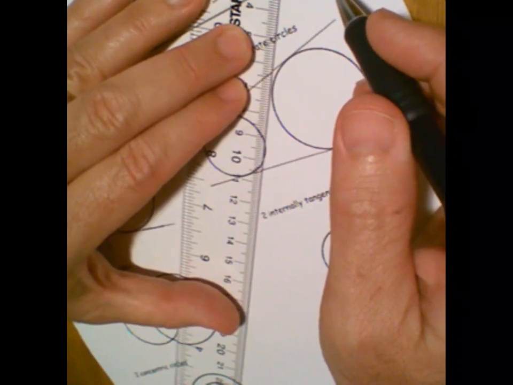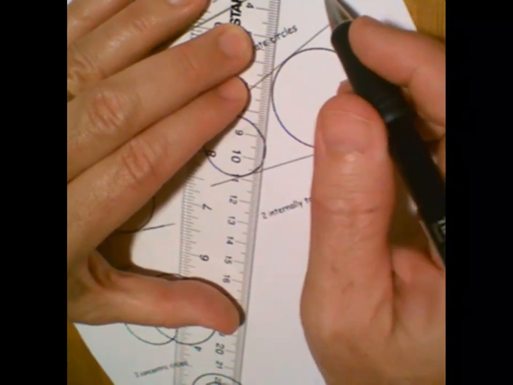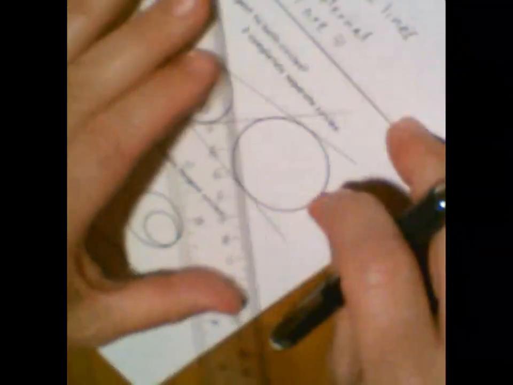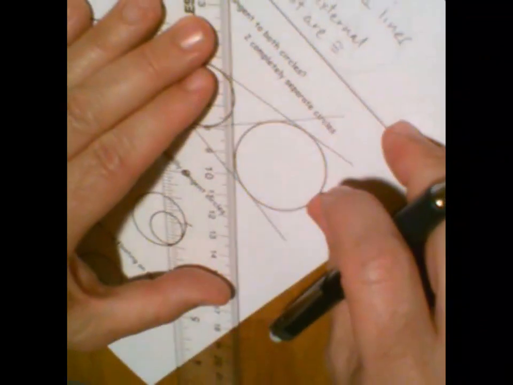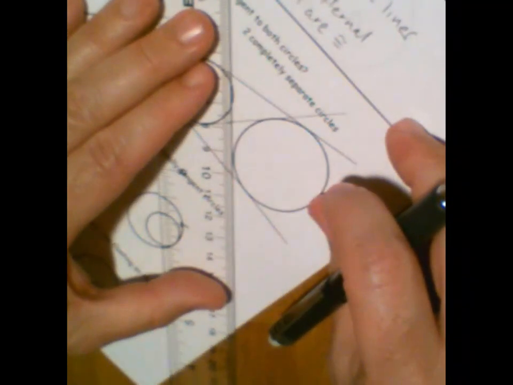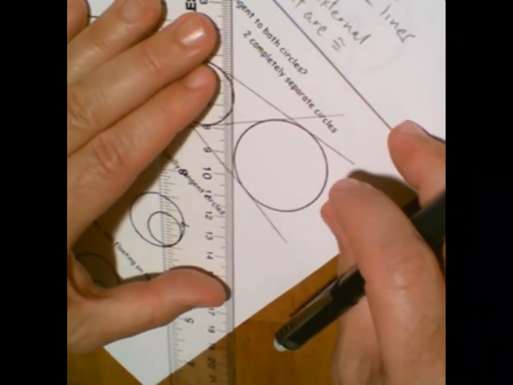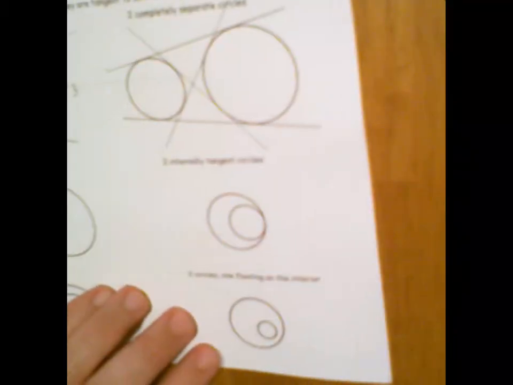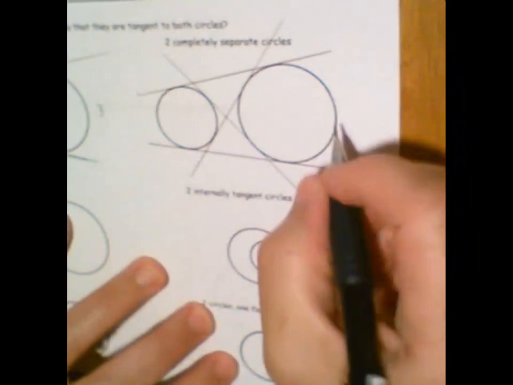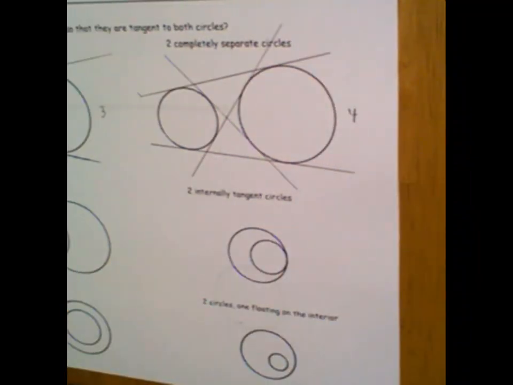There's the one here. And there's one here. Not so easy to do, but we do what we can. Okay, so in this particular situation, there are four.